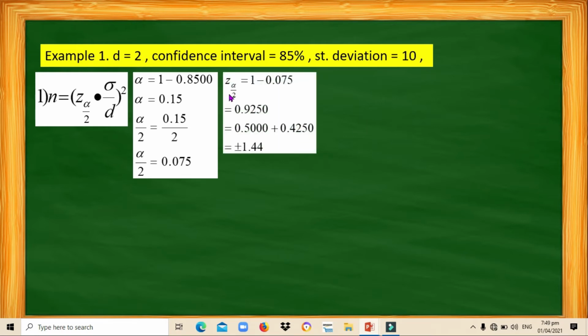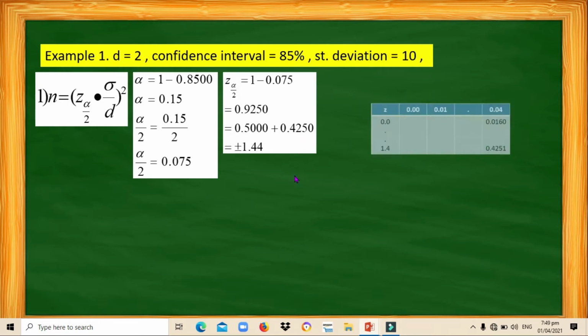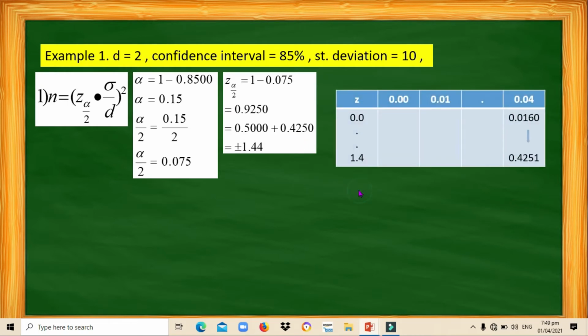So z sub alpha over 2 equals 1 minus 0.075, and that is 0.9250. Then break down: that is 0.500 plus 0.4250. Okay, in the z table, this is the location, so we use this probability.